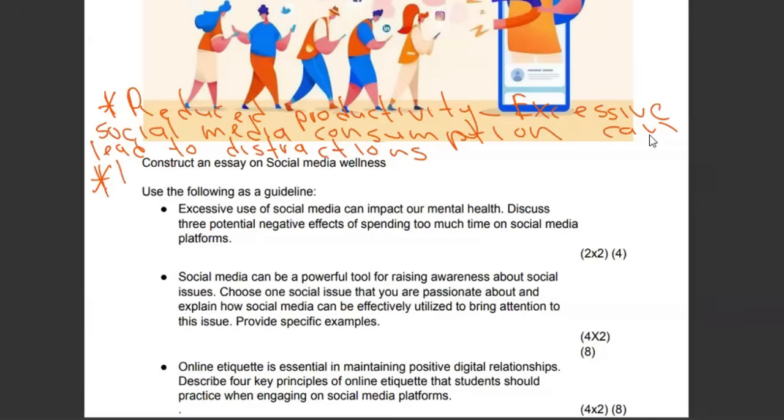So it also results in impaired sleep patterns. Excessive social media results in impaired sleep patterns.